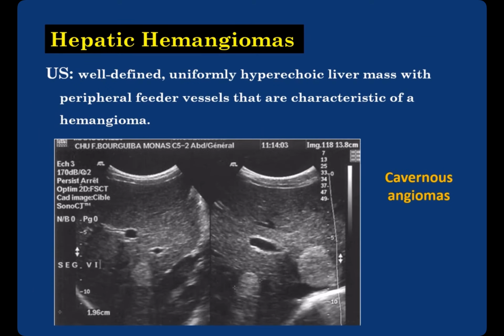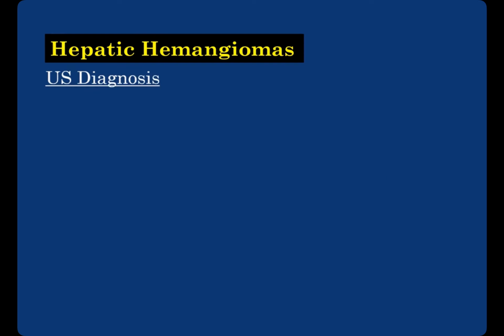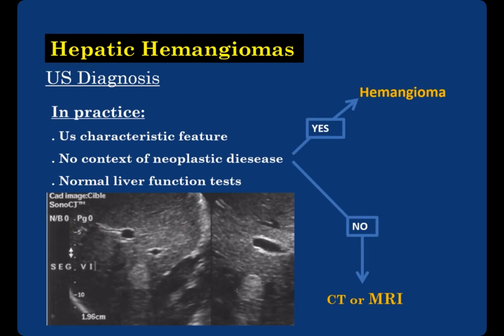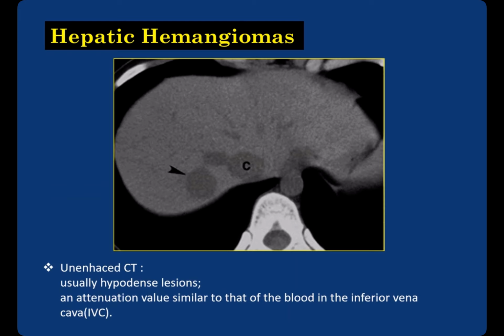In ultrasound, hepatic hemangiomas are well-defined, uniformly hyperechoic liver masses with peripheral feeder vessels that are characteristic of the hemangioma. We can see they are hyperechoic. In enhanced CT, hepatic hemangiomas are usually hypodense lesions, and the attenuation value is very similar to that of blood in the inferior vena cava.